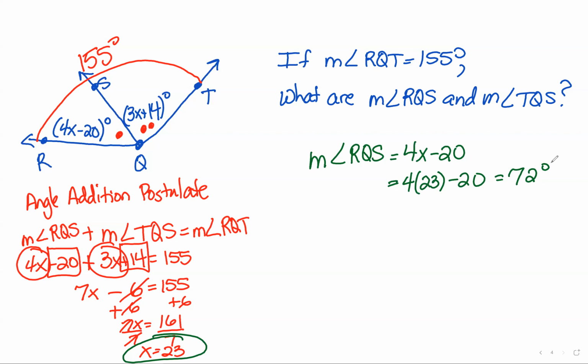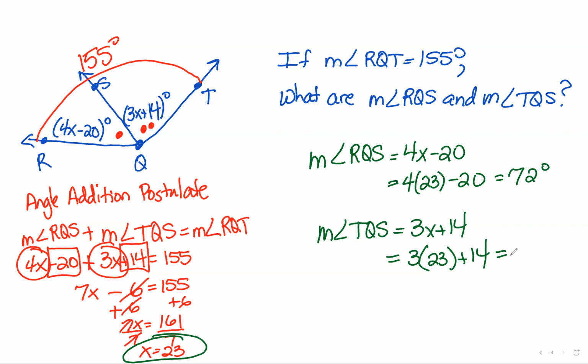Okay. And then we need the other angle, the measure of angle TQS. So that expression was 3x plus 14. So that would be 3 times 23 again for x, plus 14. So 3 times 23 plus 14 is 83 degrees. So those are our two answers to this particular problem.